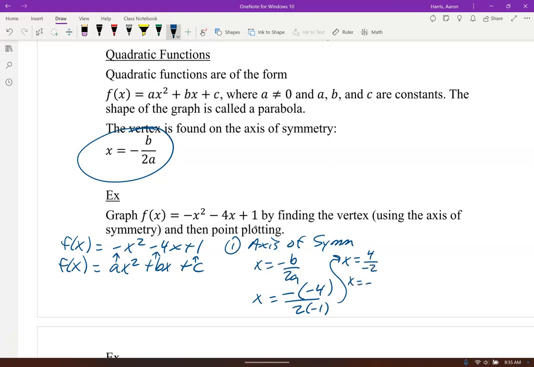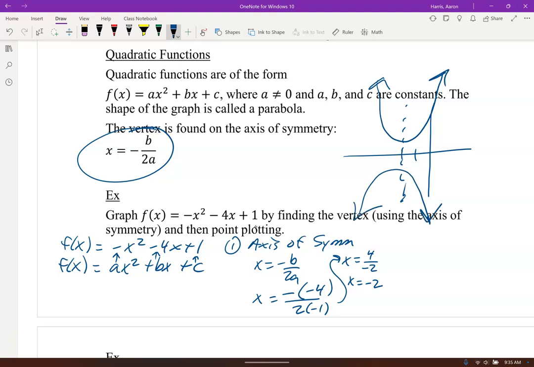Well, 4 over -2 is -2. So the middle of my graph is x equals -2. Now, right now, I don't know if it looks like this, or maybe it's flipped over like that, or maybe it's over here like that. Anyways, I don't know exactly what it looks like right now.